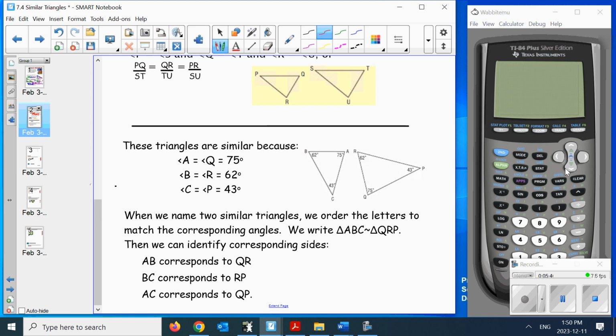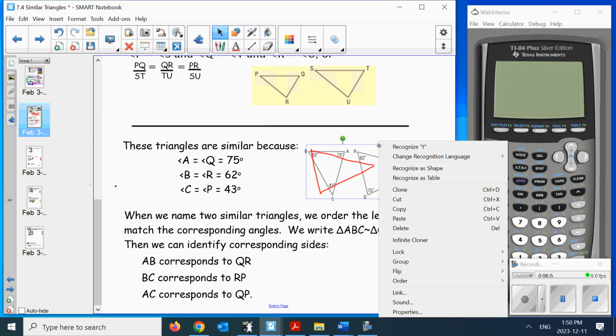I'll show you. What we're seeing here is that this is actually a mirror image.